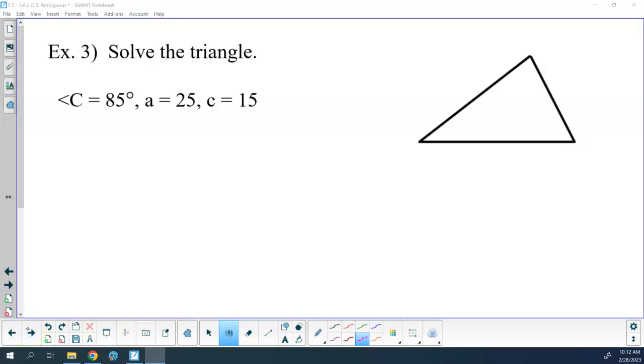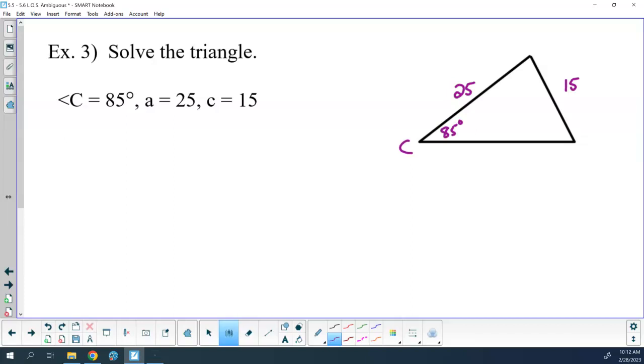Spot check. What kind of a case are we in? Angle side-side case, right? Just so that it's all set up the same, I'm going to put angle C here, and that's going to be 85 degrees. Side c is going to be here at 15, and side a, I'm going to put up here to remain consistent at 25.